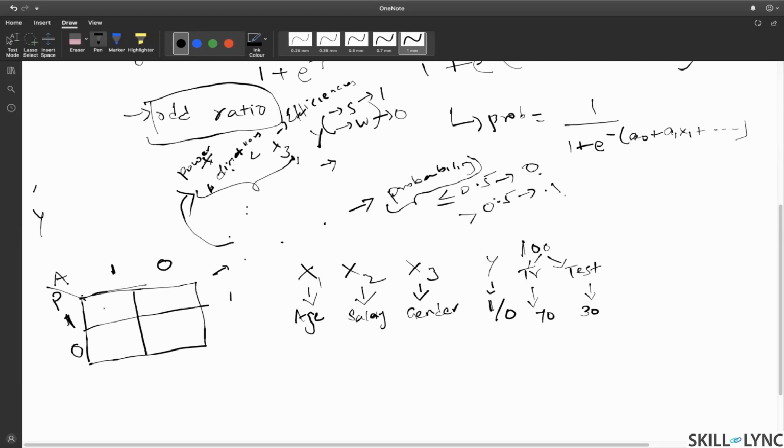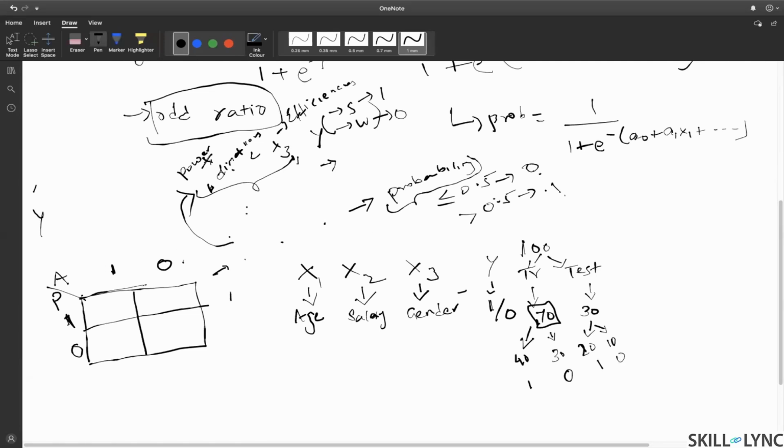Okay, this is very important, guys. It will be your interview question. So for example, on these 70 data points I have built a logistic regression. In this 70, say I have 40 ones and 30 zeros. In these 30 test cases, say in 20 I have ones, in 10 I have zeros, right?